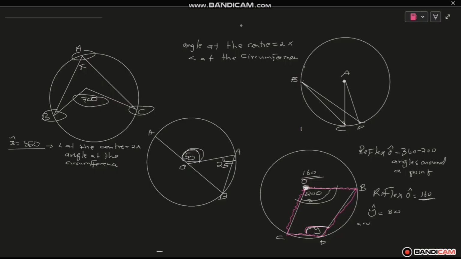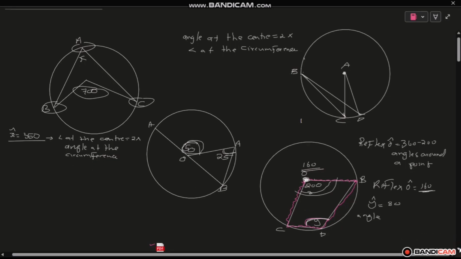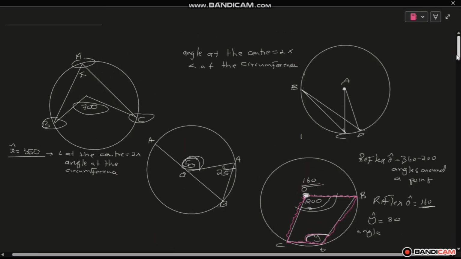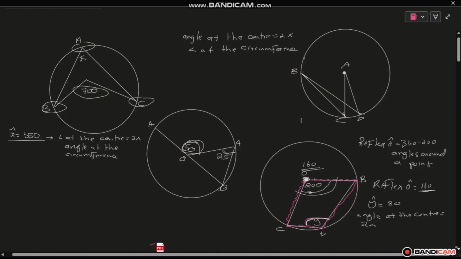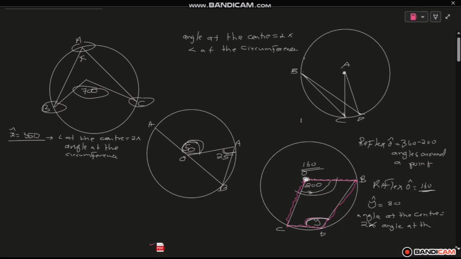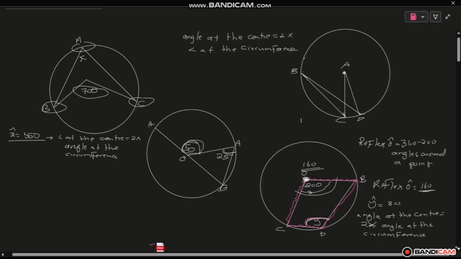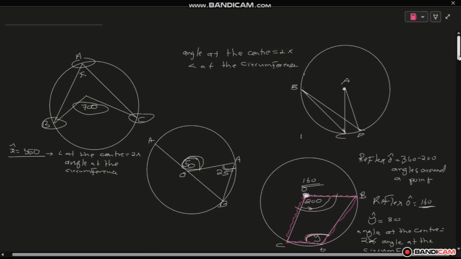Therefore the reason is angle at the center equals 2 times angle at the circumference. I hope you're getting this. The center must be outside the shape. This is how you're doing this. Very, very important. That's important, people.